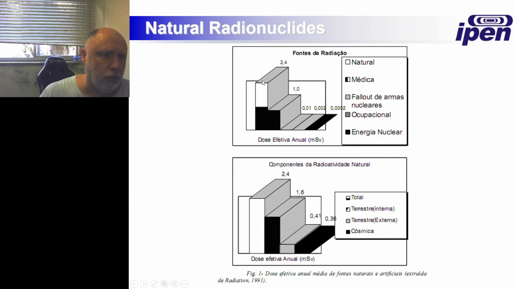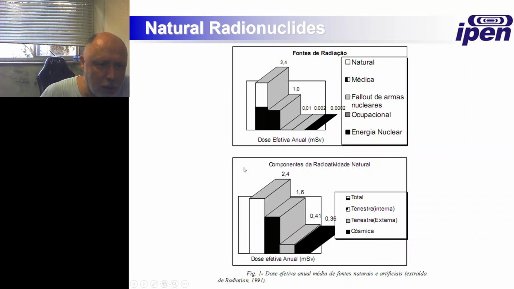It's most of what you'll be exposed to in a day. There's medical. Medical means examinations you do, x-rays, tomographies, and then on a very, very smaller scale, you have fallout from nuclear weapons, occupational, which means what I'm exposed to by working in a nuclear reactor, and nuclear energy. It's much, much lower than the natural ones.